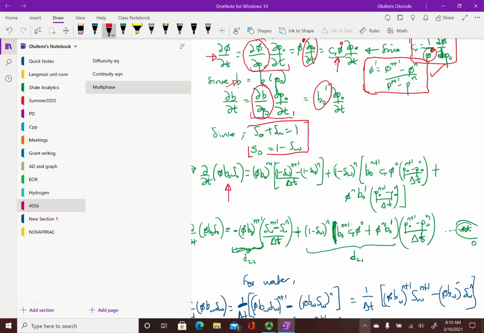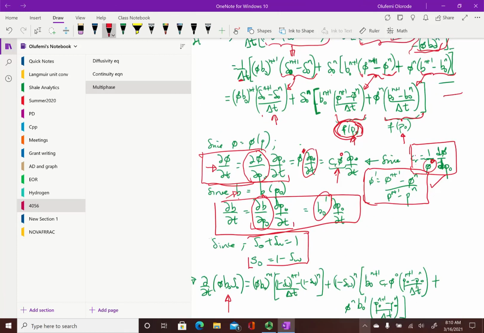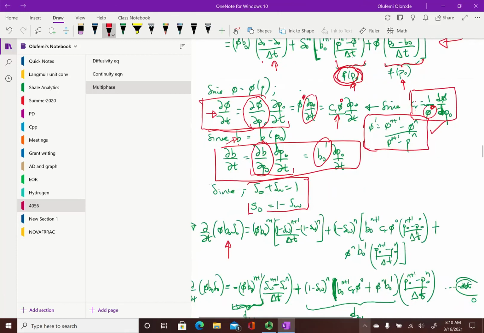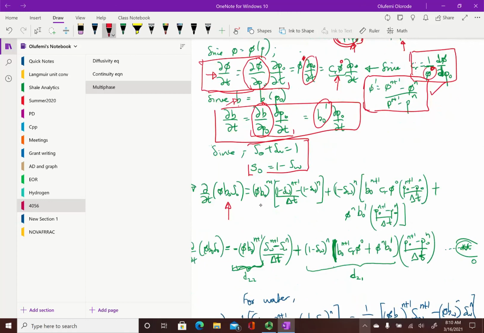Now we proceed and substitute these definitions for dB/dt and dphi/dt into the equation shown right here. So this term does not change. This is where we bring in dphi/dt, which we derived right here.